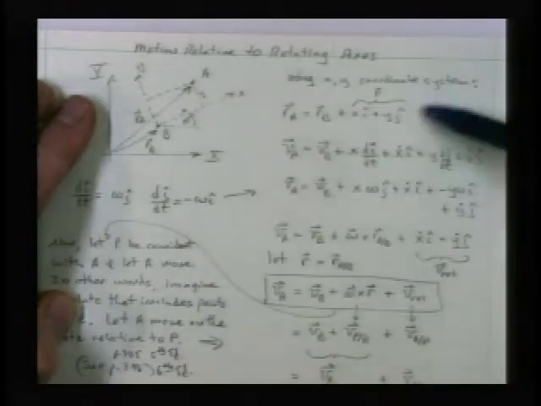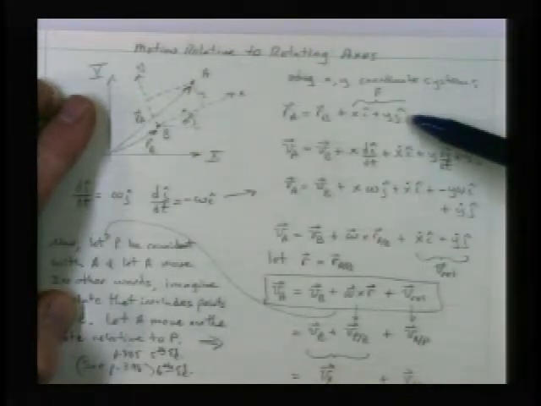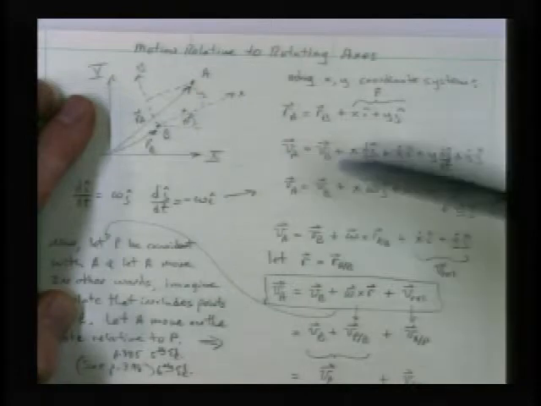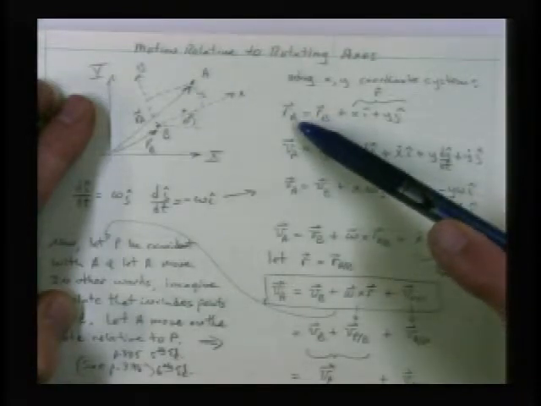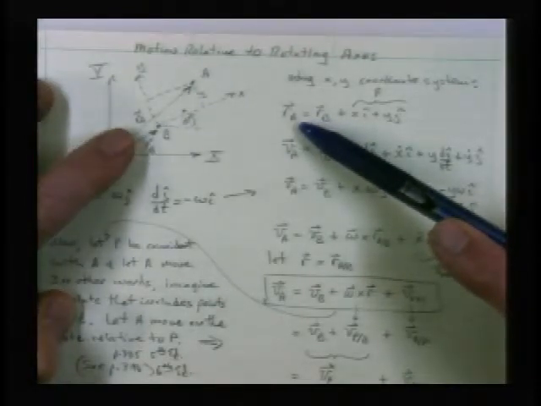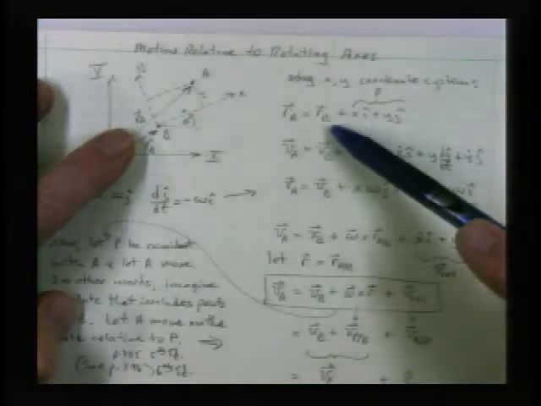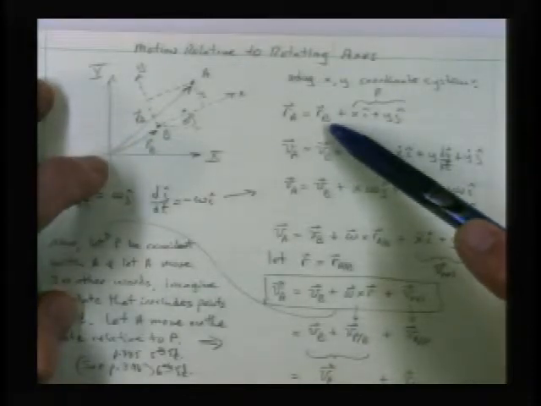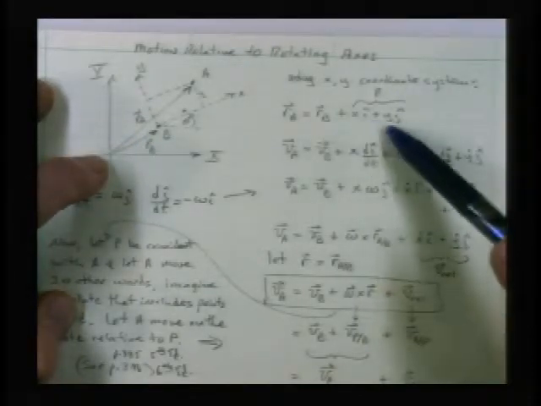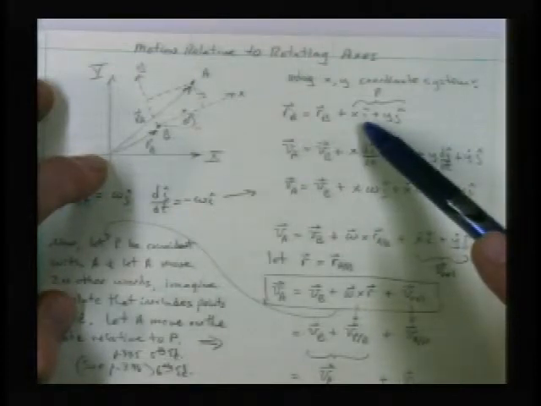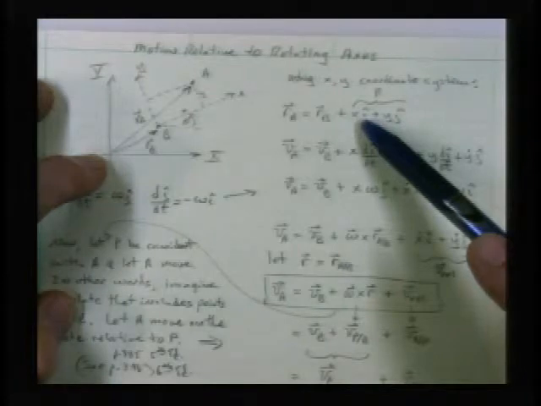Okay, so here goes the math. We write the position vector of point A equal to the position vector of B plus the position vector of A relative to B. On the last exam you folks took, some of you ended up writing the relative position vector backwards occasionally.